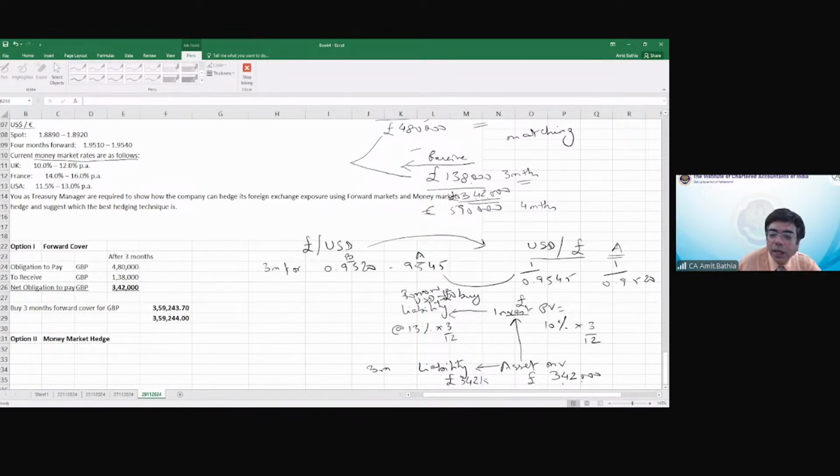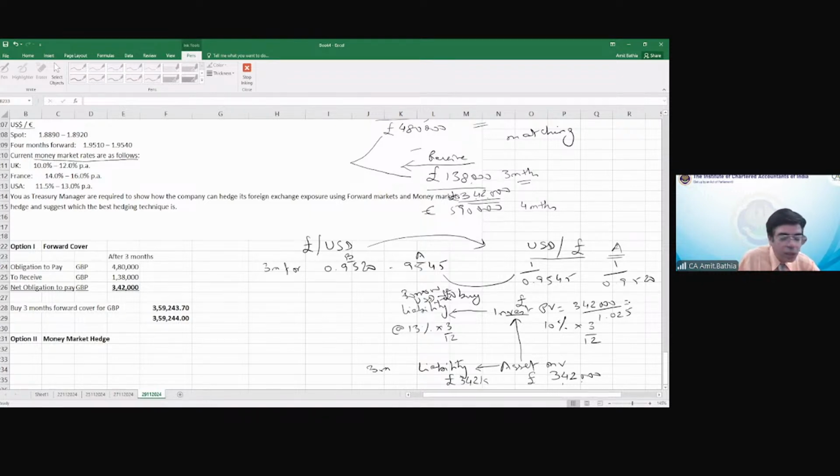So I am creating an investment today of what present value? 342 divided by 1 point, this is 10% into 3 upon 12, so it is 2.5%. So what is the amount going to come to?